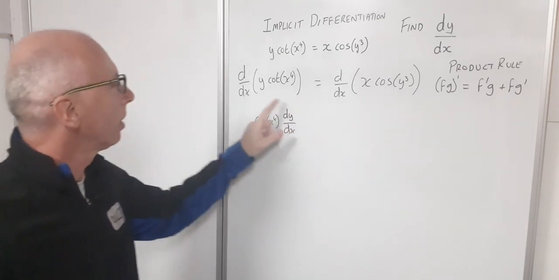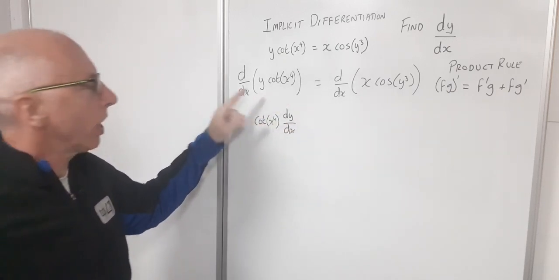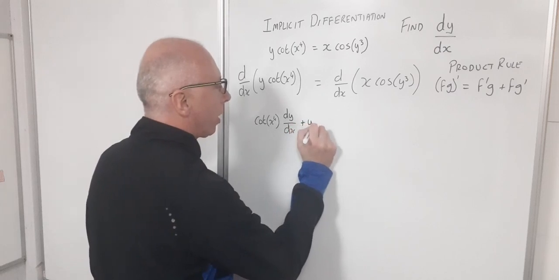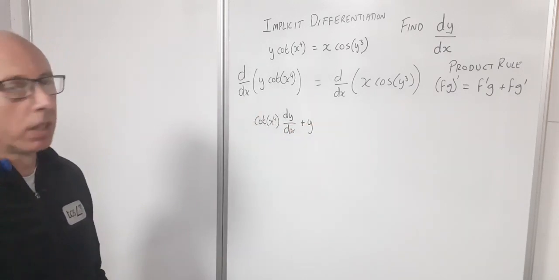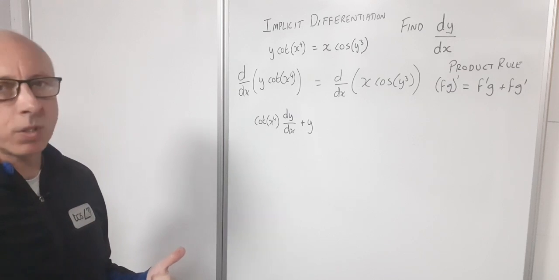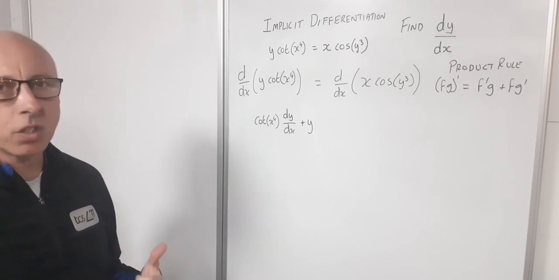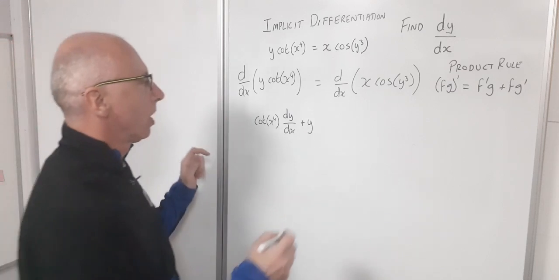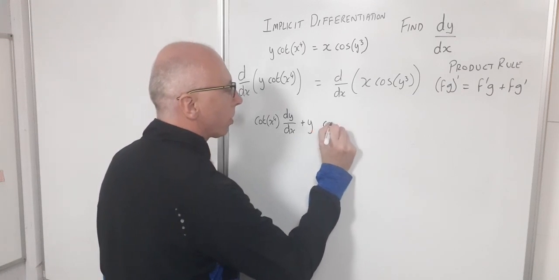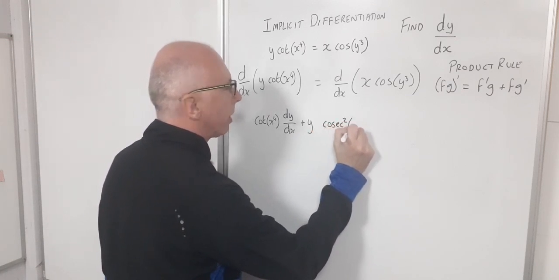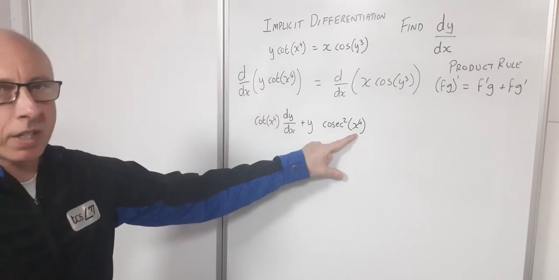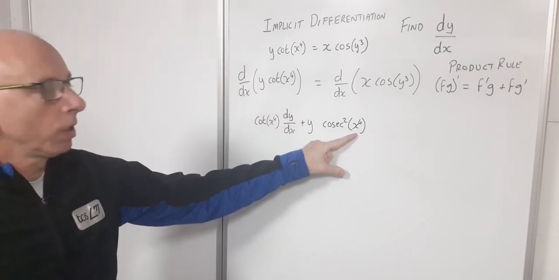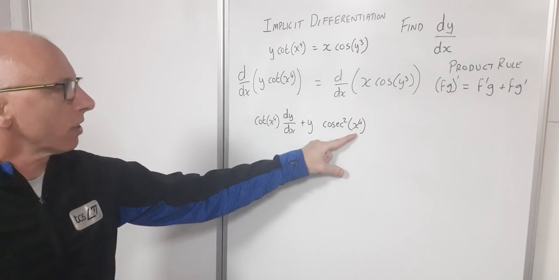Now the second part is f, well that just stays as y, so that's plus y, times the derivative of my cotangent. Well, the derivative of cotangent is minus cosecant squared. So if I write cosecant squared, the input will stay the same, but by the chain rule I need the derivative of the input of x to the 4, which is 4x cubed.